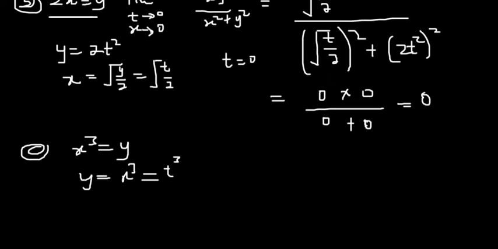And now we also make x the subject. So when you make x the subject from here, you end up with x being equal to the cube root of y. Now, substituting y with t, you end up with what?